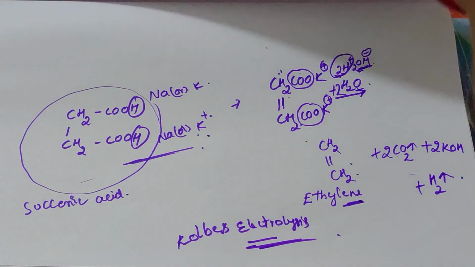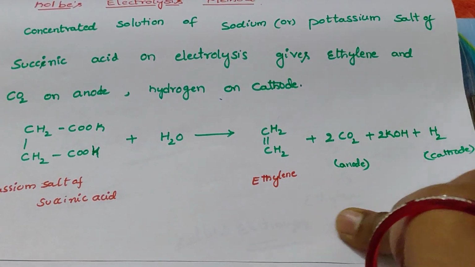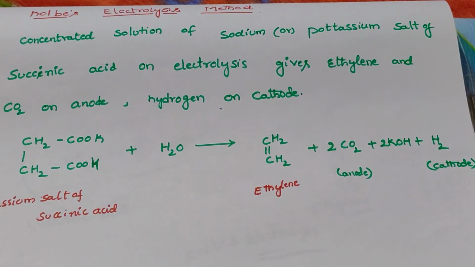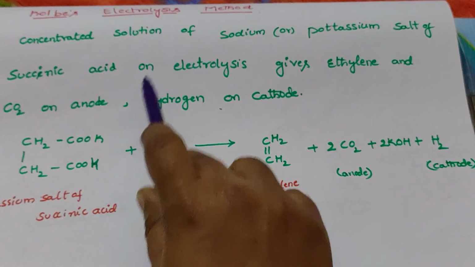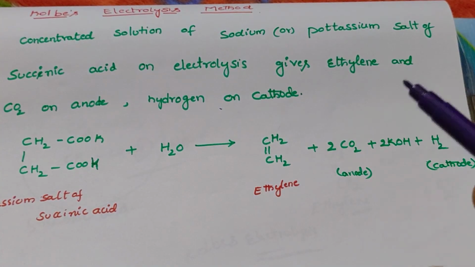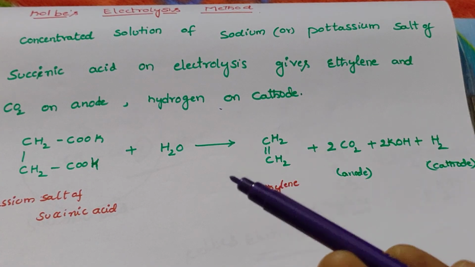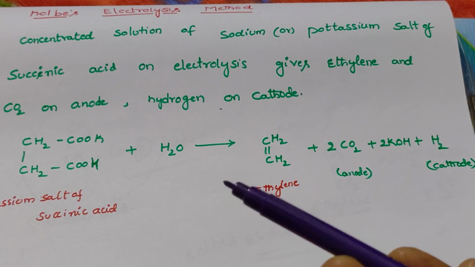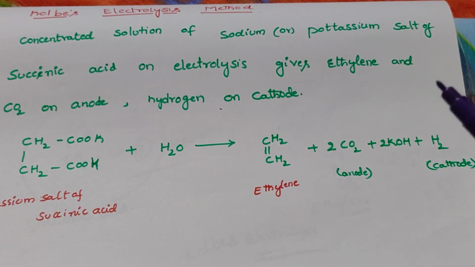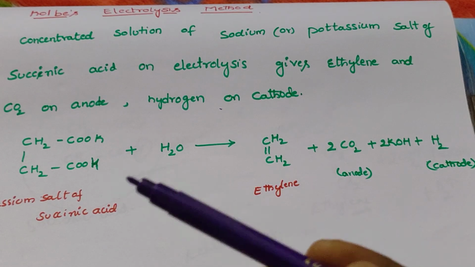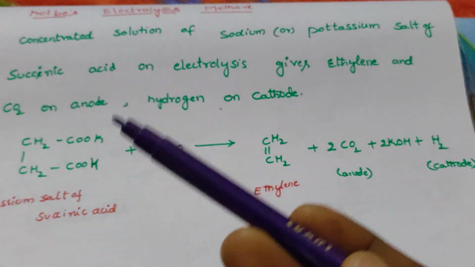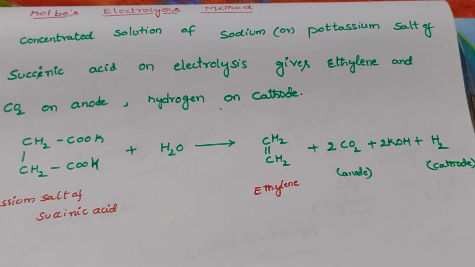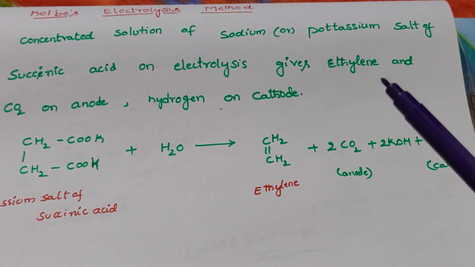What is Kolbe's electrolysis? Kolbe's electrolysis is an important reaction to prepare alkenes, for example ethylene. The concentrated solution of sodium or potassium salt of succinic acid on electrolysis gives ethylene and carbon dioxide gas at the anode and hydrogen gas at the cathode.